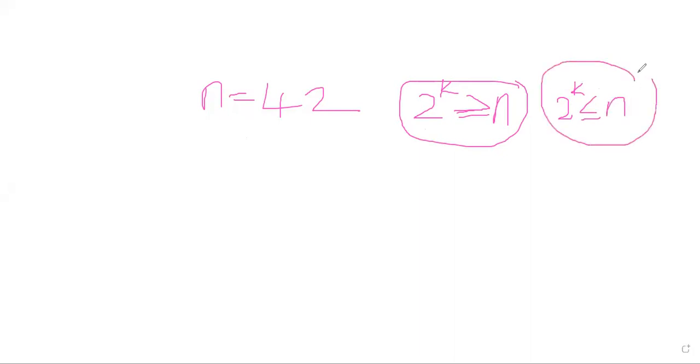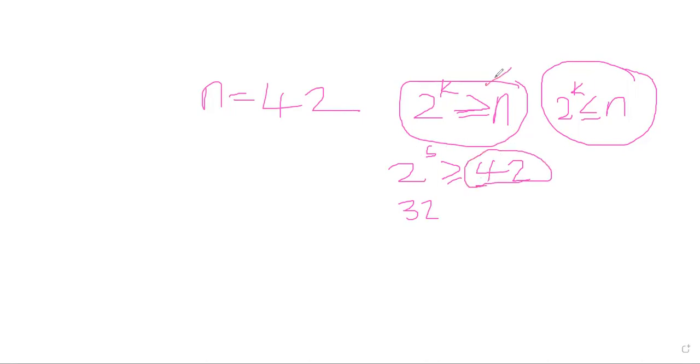So we have to find the number where we raise 2 to the power k and get 42 or more. So should we say 2 to the power 5? Is it greater or equal to 42? This is 32, which is less than 42. We first have to find the value of k that first exceeds 42.